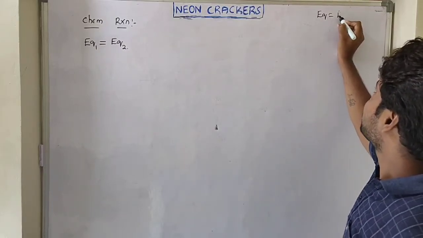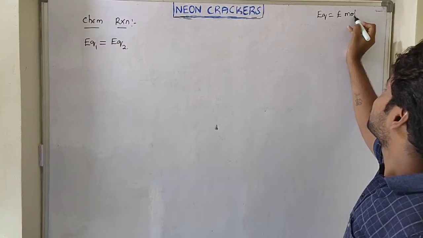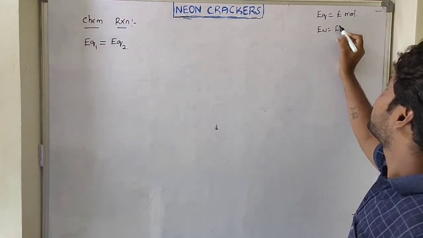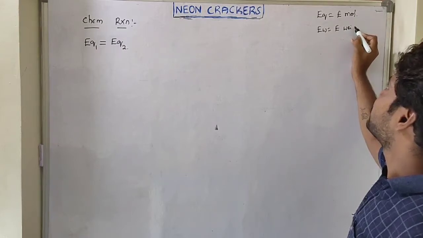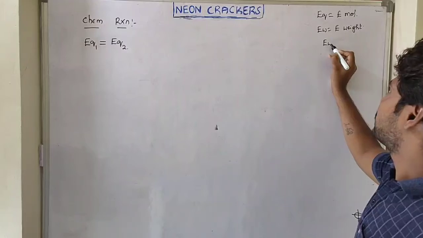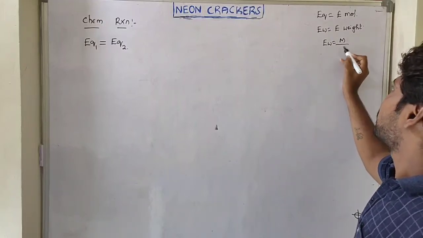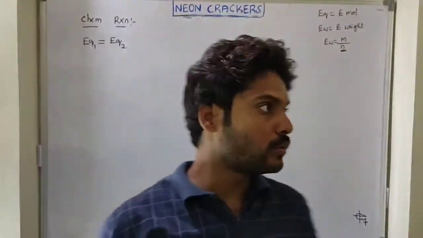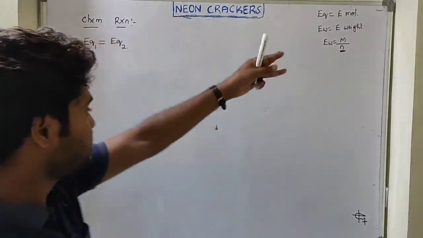EQ is nothing but equivalents, whereas EW equals equivalent weight. And you already know the equation for equivalent weight: molar mass upon N factor. So if you know the N factor of the given reactant, then you can find the equivalent weight.